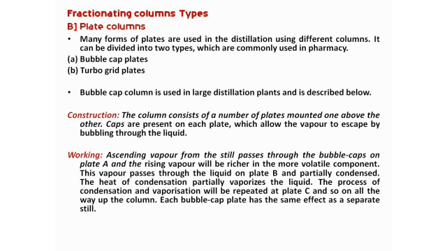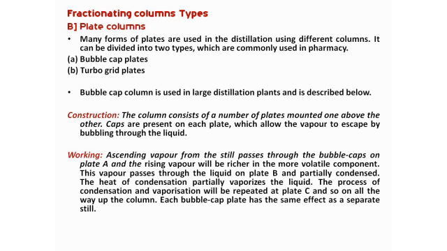So let us consider the working. Here I have named the plates A, B, C in ascending order, and the diagram is in the second slide. You see the ascending vapors, meaning the vapor coming out from the liquid present in the still. The ascending vapor from the still passes through the bubble cap on plate A. It is the first plate, right?